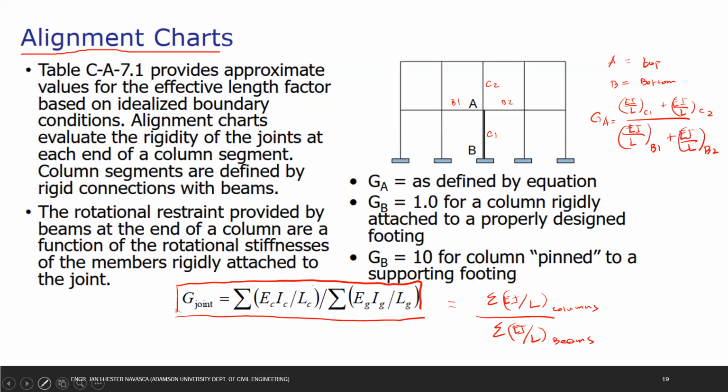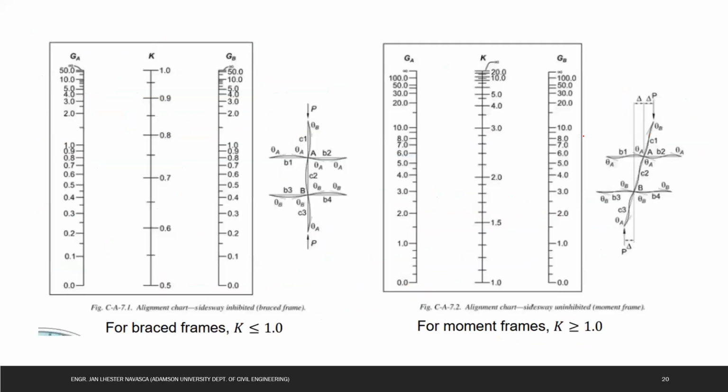Since at joint A you have four members, C1, C2, B1, and B2, attached to joint A, that is how you solve for GA: the summation of EI over L of columns divided by the summation of EI over L of beams.